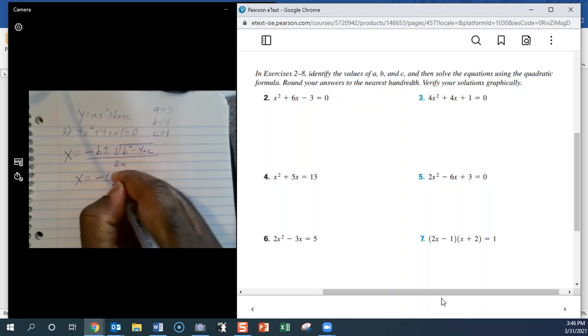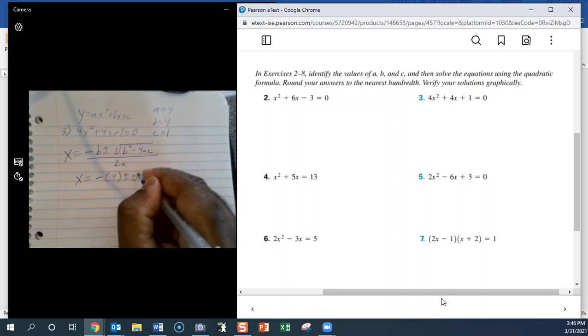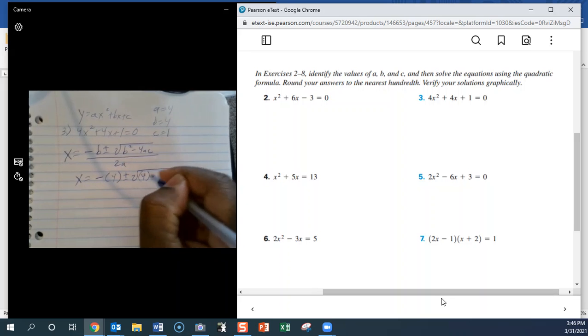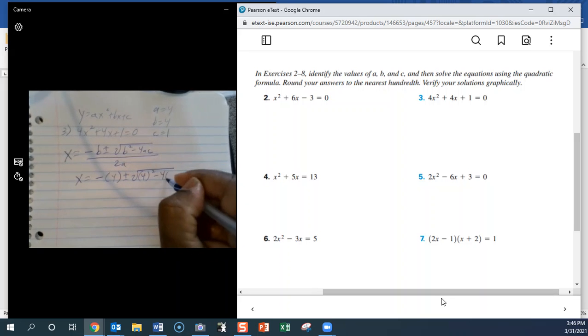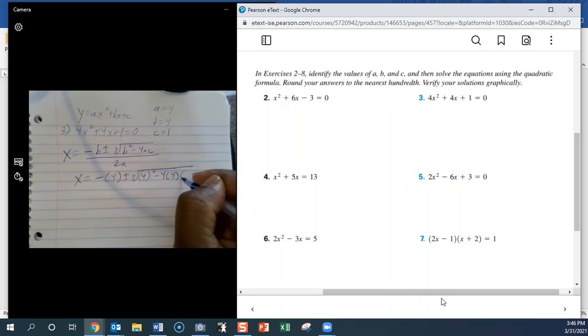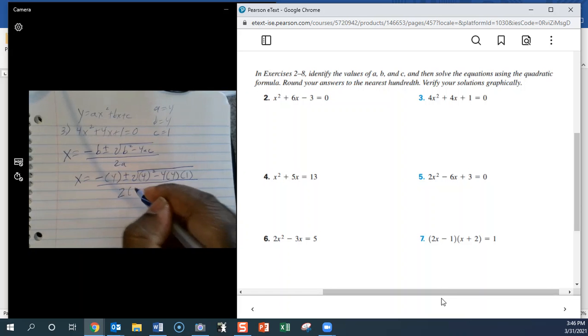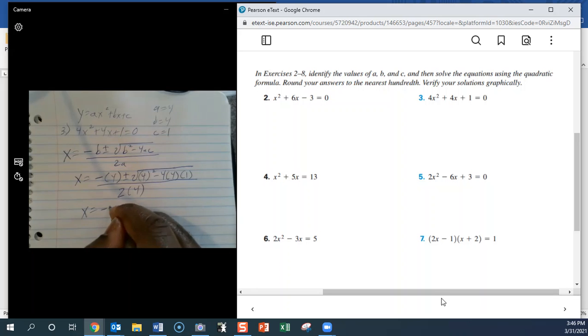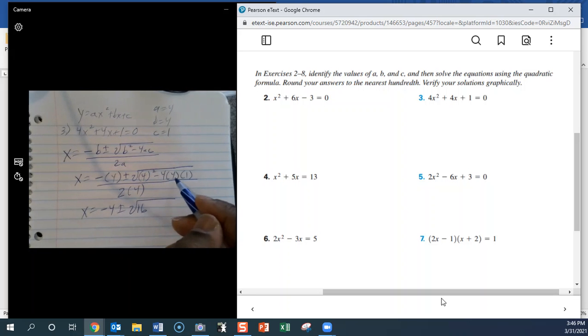We will have negative 4, because b is 4, plus or minus the square root of 4 squared minus 4 times a is 4, and then c is 1, all divided by 2 times a, which would be 2 times 4. So we will have x is equal to negative 4 plus or minus the square root of 16, because 4 squared is 16, minus 4 times 4 is 16 times 1, which would be minus 16, all over 2 times 4, which is 8.